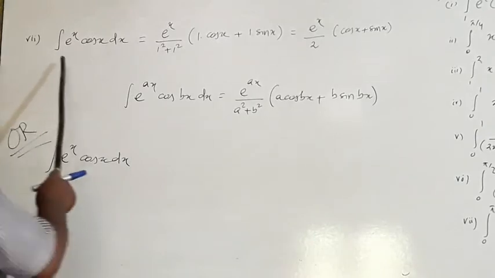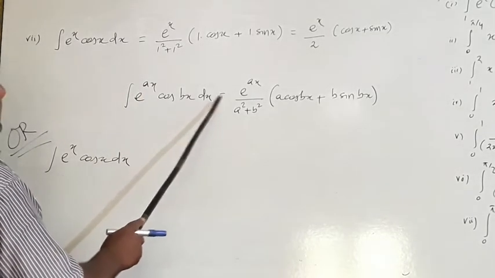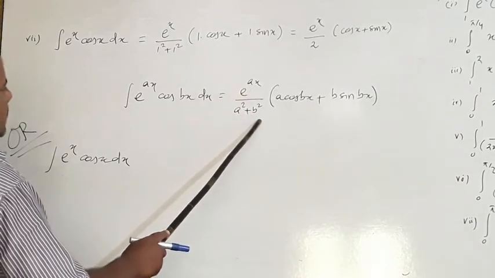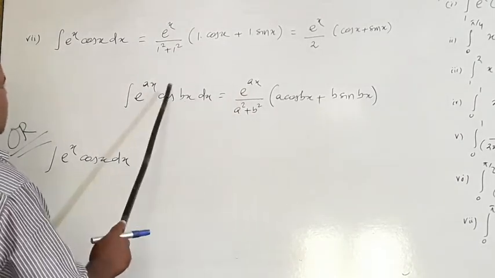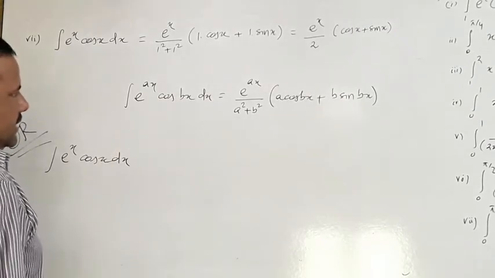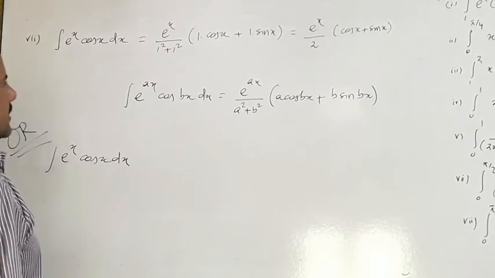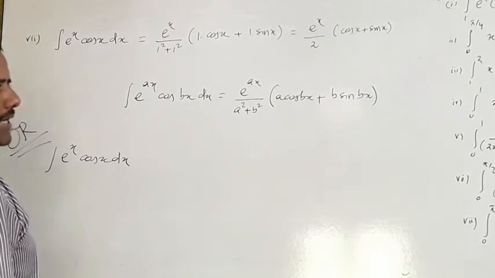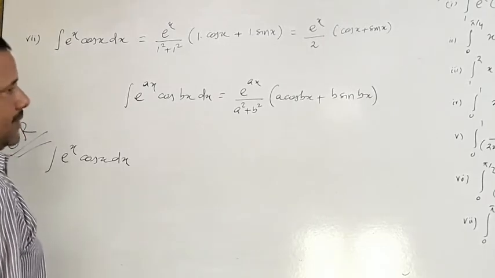For e to the power x cos x, we have the formula: integral of e to the power ax cos bx dx is e to the power ax by a square plus b square, into a cos bx plus b sin bx. I have given the explanation of this formula in my previous videos. You can come from the playlist, and there you can see the formula, that is by parts method.